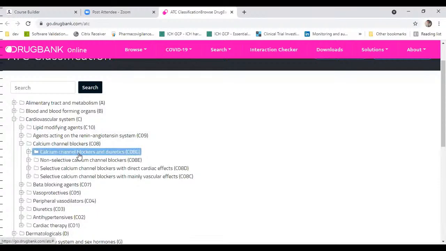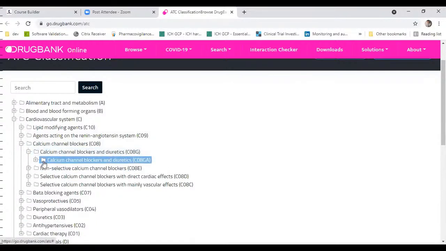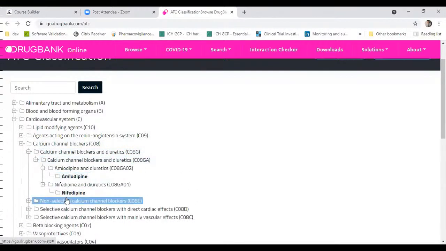You can see calcium channel blockers and diuretics, and then non-selective calcium channel blockers. Going further down, you will find one more level, and then the drugs, for example amlodipine, and here nifedipine. So there are multiple levels available, and under that you will find the specific drug. This is as per the ATC classification.